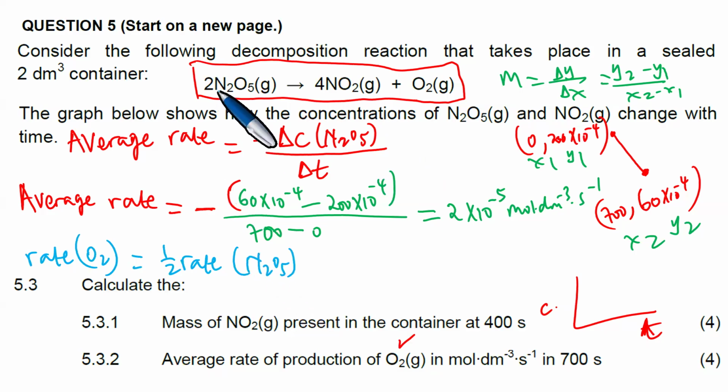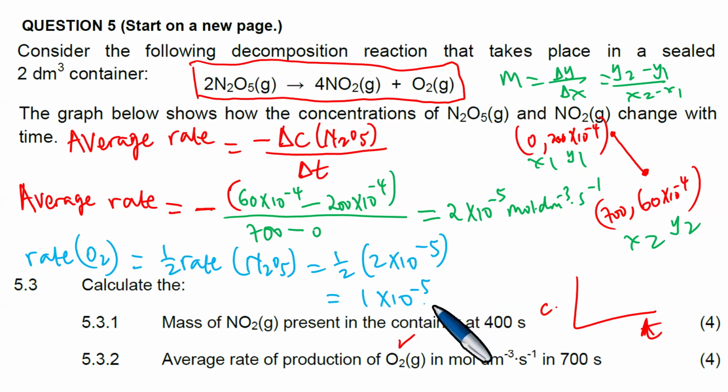So when you take the rate of N2O5 and multiply it by 1/2, you get the rate of oxygen. What is the average rate of the N2O5? It is 2 times 10 to the negative 5. Half of 2 is 1, so 1 times 10 to the minus 5 moles per cubic decimeter per second. And this is the answer.